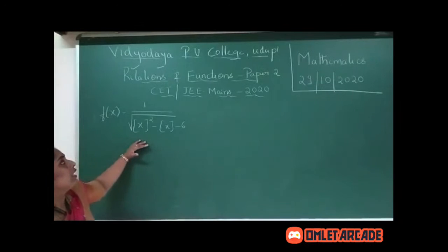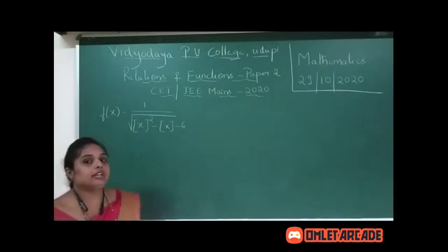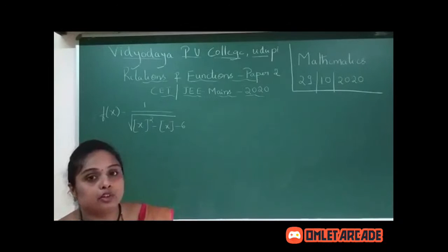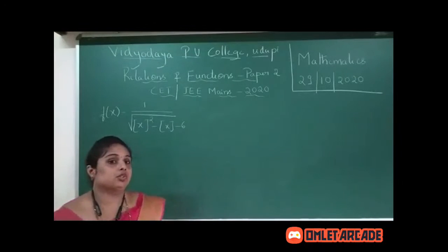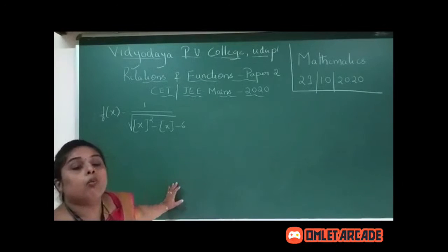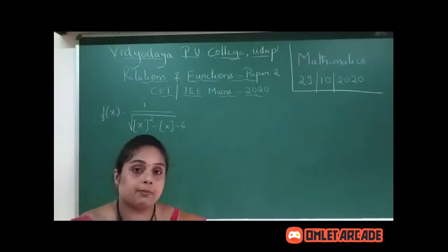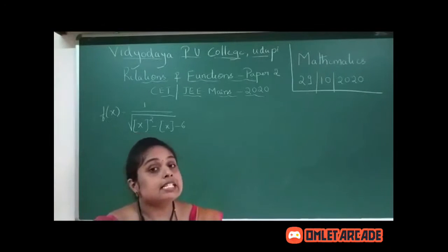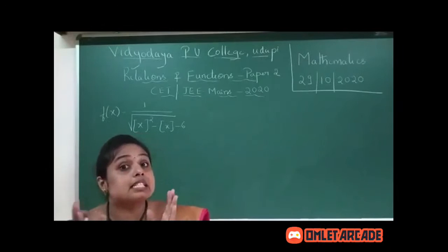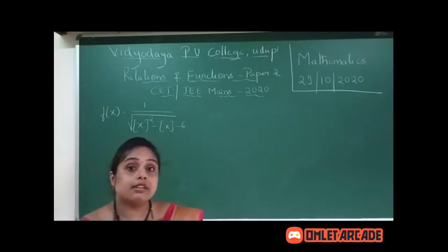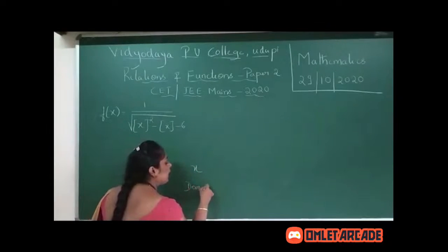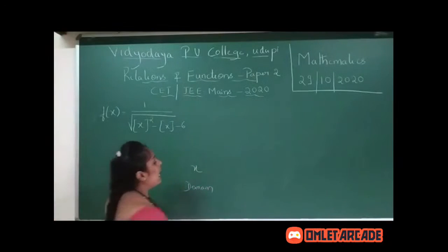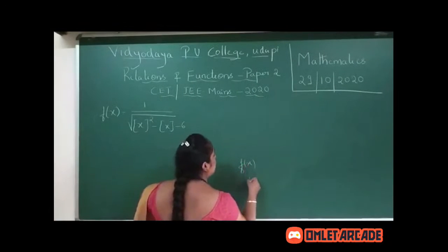So look here. Now, domain and range. Now the question is to find domain. Now what is that domain? I have already told you in the previous session also. Domain is what value we can substitute in the place of x such that f of x is defined. x is domain. f of x is range.